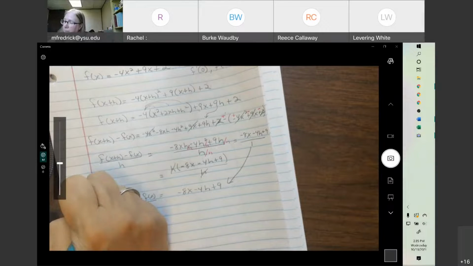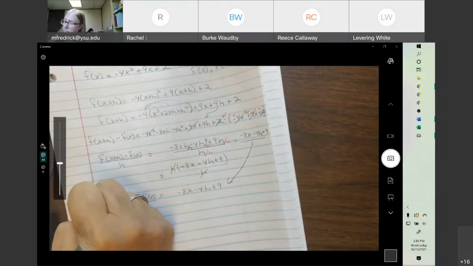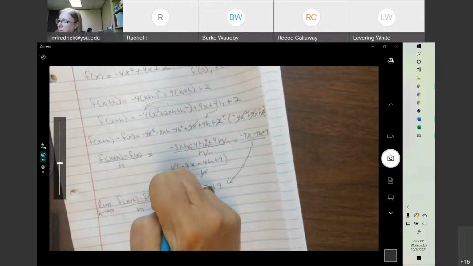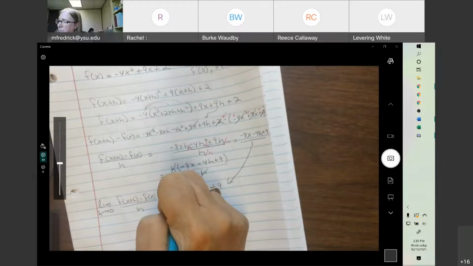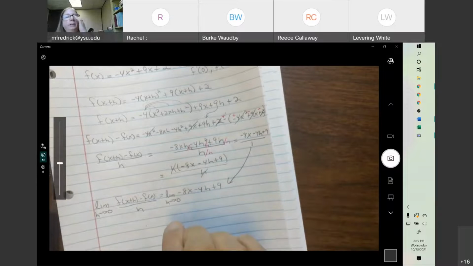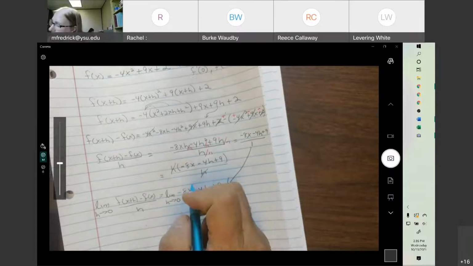Step 4 is to take the limit. Which means the limit as h goes to 0, we plug 0 in for h.